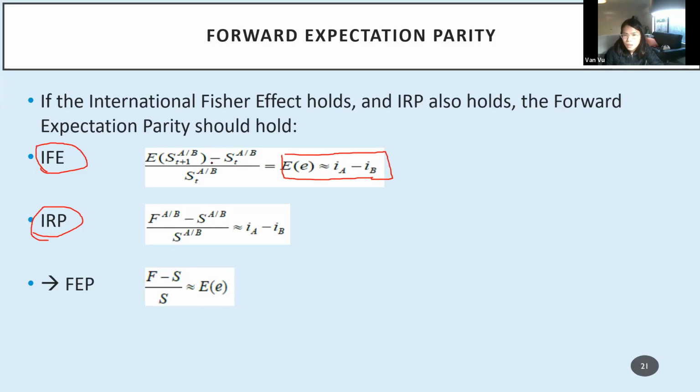If we equate these two equations, we will get the forward expectation parity. What this says is that the forward premium or discount in your forward market should reflect the expectation about the future movement of the spot exchange rate.